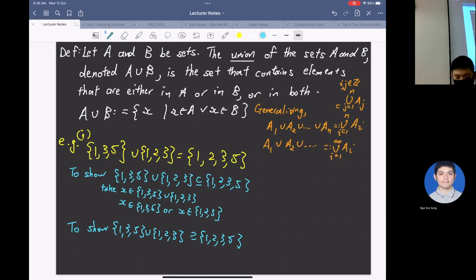If x is in here, it is either 1, 3, or 5. If it is in here, it is either 1, 2, or 3.